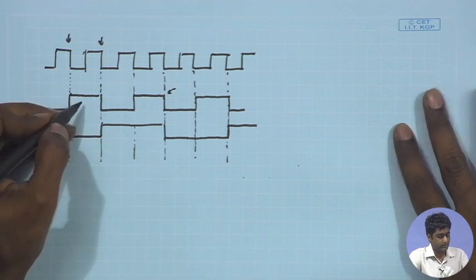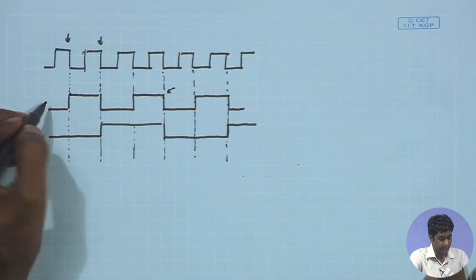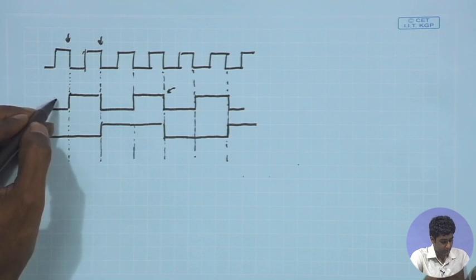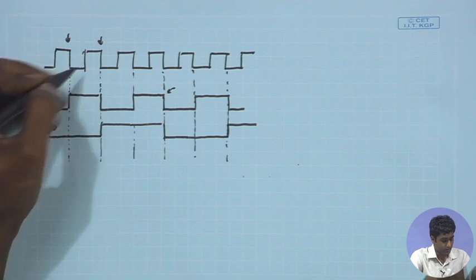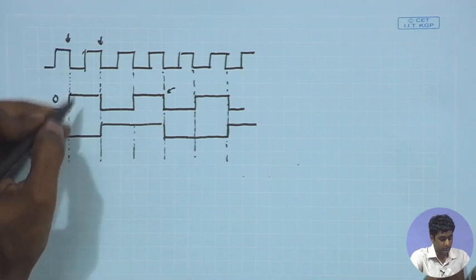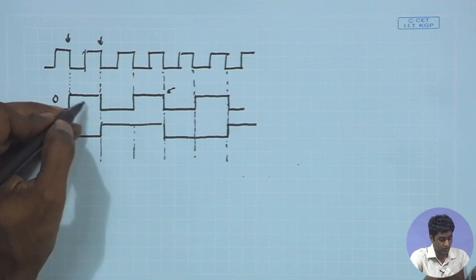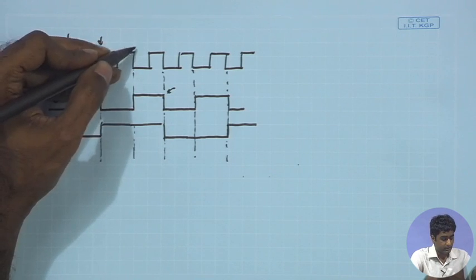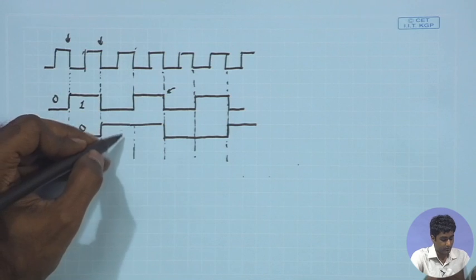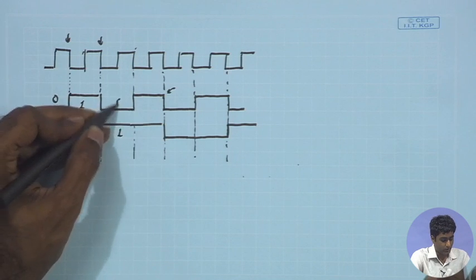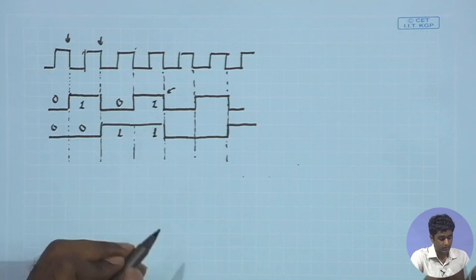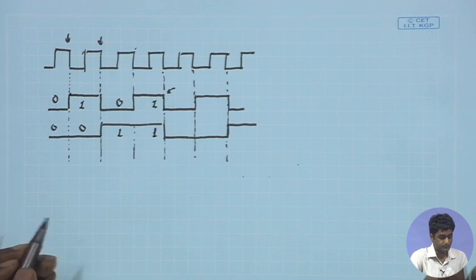So, if I look at the count that is getting implemented here, you are having 0 0 after this positive edge of the clock, after the first negative edge of the clock you are having 0 1, after the second negative edge of the clock you are having 1 0, and then you are having 1 1 and so on.